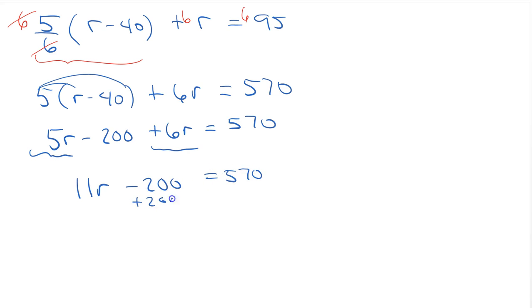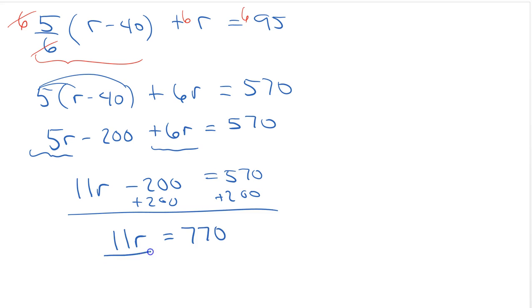I'm going to add 200 to both sides of this equation, and that gives me 11r on the left, and then 570 plus 200 is 770. I'm going to divide both sides by 11 to get r is equal to, so 770 divided by 11 is 70, right? I had a brain freeze there just a minute. So yeah, 770 divided by 11 is definitely 70.